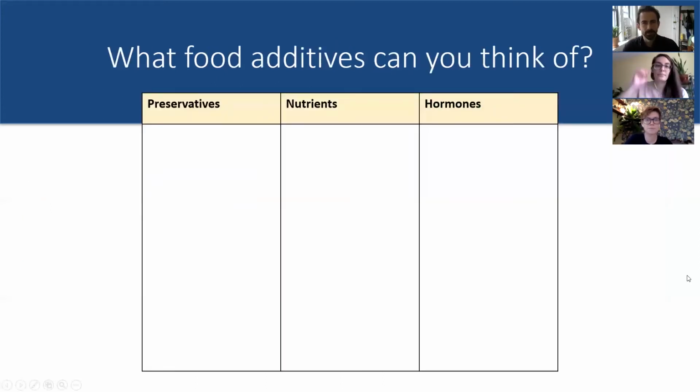All right. So to begin, I want to just briefly start to fill out this table. And I want to turn this over to Peter and Liz and just ask you, what types of food additives can you think of within these 3 different categories: preservatives, nutrients, and hormones? So I know salts are used to preserve things.